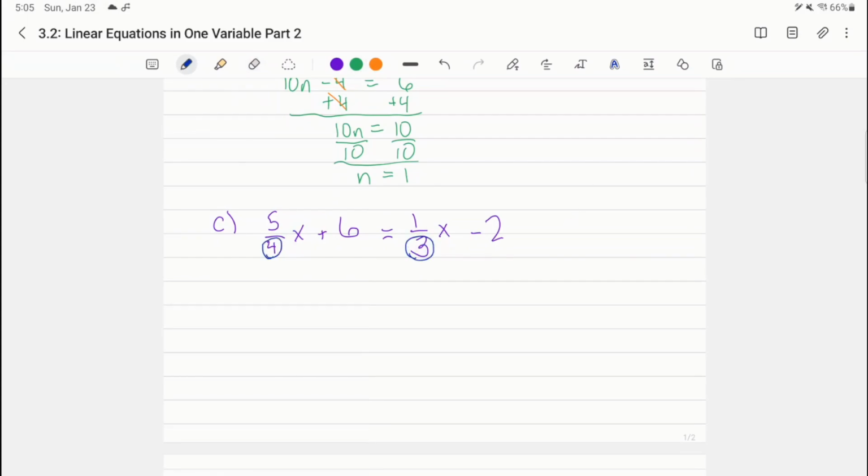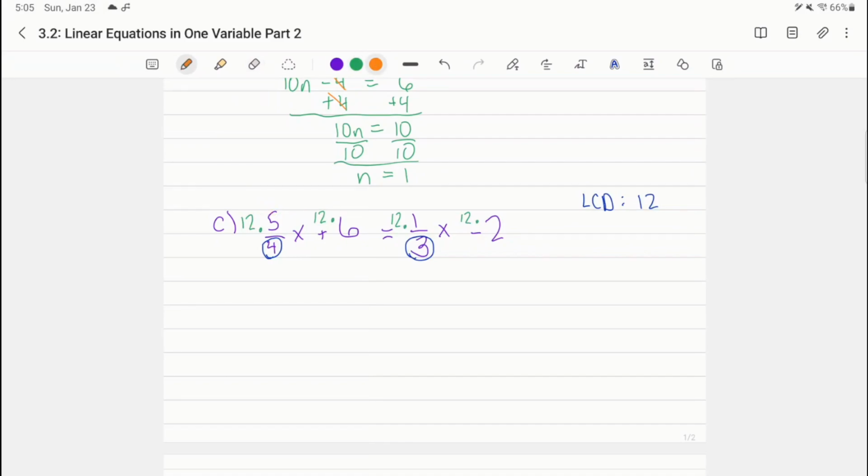So the LCD between 4 and 3 is 12. Now what I'm going to do with that 12 is multiply all the terms by 12. So 12 times 5/4 x, 12 times 6, 12 times 1/3, and 12 times negative 2.